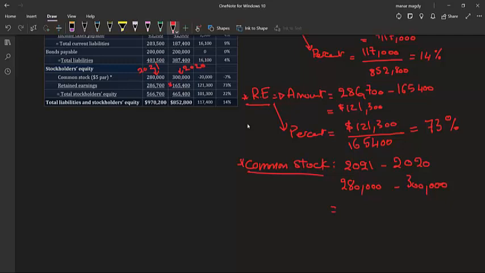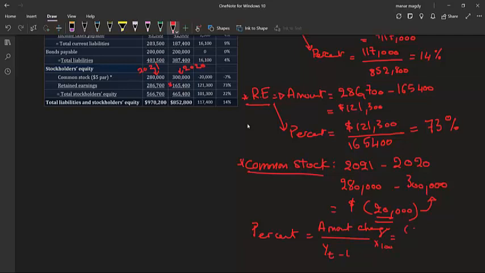So the total amount of increase or decrease, it decreased by $20,000. How much did this amount represent from year 2020? The percentage of decrease, because it is a negative amount, equals the amount of change divided by last year, t minus 1, multiplied by 100 in order to get a percentage.